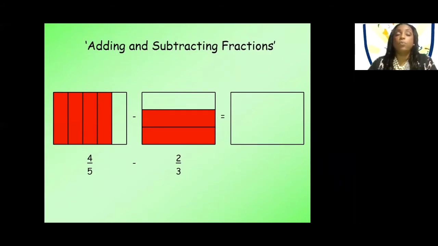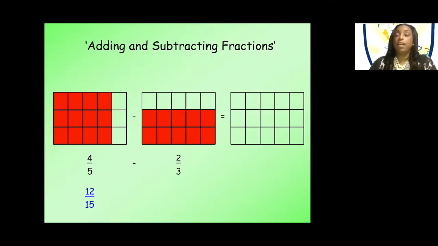Next, I want to show you what to do, which is similar, when the sign becomes subtraction. In this case, we have 4 over 5, or 4/5, being subtracted from 2/3, or 2 over 3. Again, look at the denominators. They are different. So again, we want to find our LCM for the denominators.